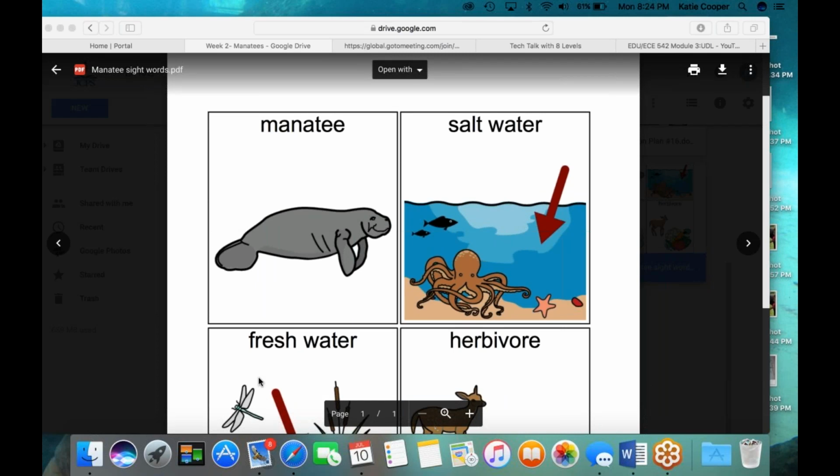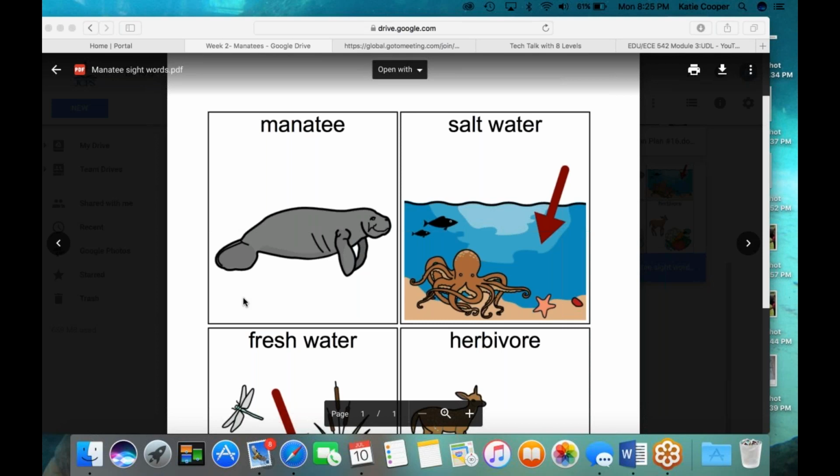Typically you would use it for a sight word, but let's just pretend that your student had a favorite manatee toy that they like to play with. You could give them this picture, you would have them hand it to you, and then you would give them the manatee. So that would be their way of requesting that toy that they want.